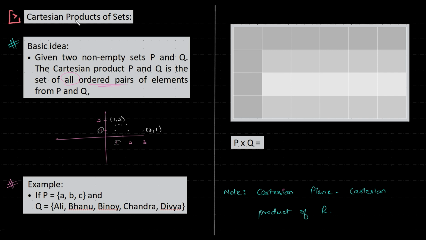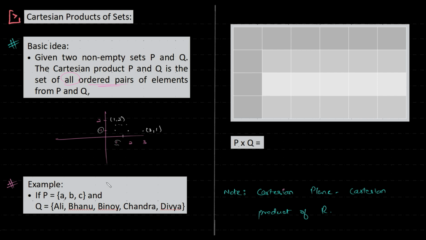So the idea of Cartesian product is something that you guys are familiar with. It's not something new. Every number along the x-axis is related to every number along the y-axis, right? And every element of the y-axis is related to every element of the x-axis. So now instead of real numbers, we have sets. That's it.